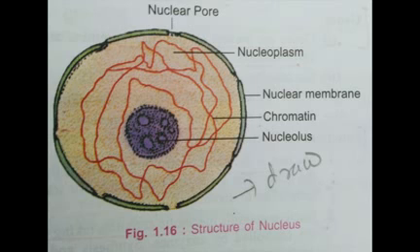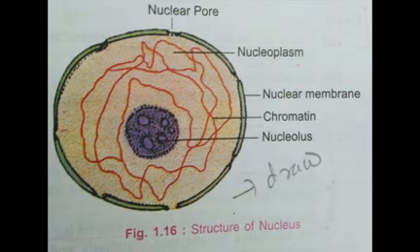Now, chromosomes are the most significant component of the cell. They become visible only during cell division. So when we discuss cell division, at that time we will study more about chromosomes. These are long and thread-like initially and become short and thick gradually.